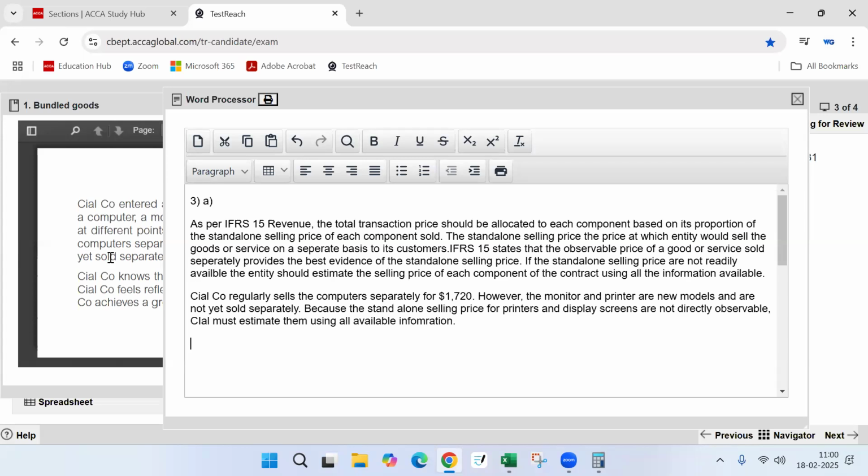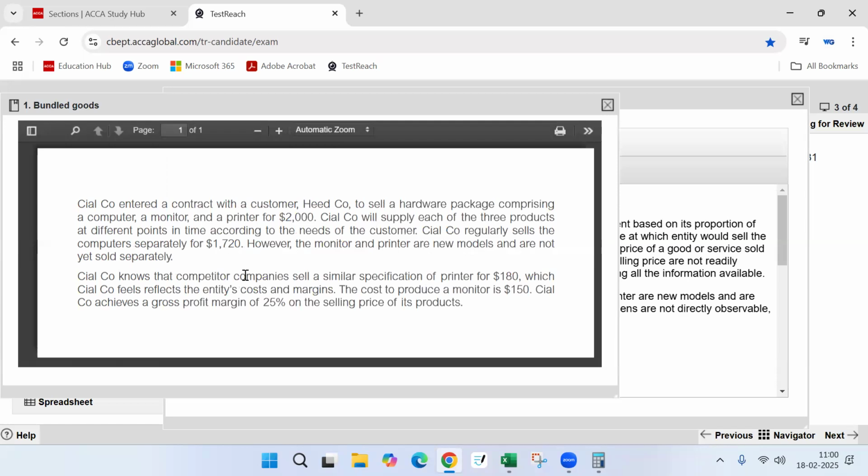Okay. Now we should justify why we can use the competitor's price for the printer, and then why we can use the cost approach for the monitor. So we should justify our approach, isn't it? You understand? So to estimate the selling price, what is the approach that we are going to use?